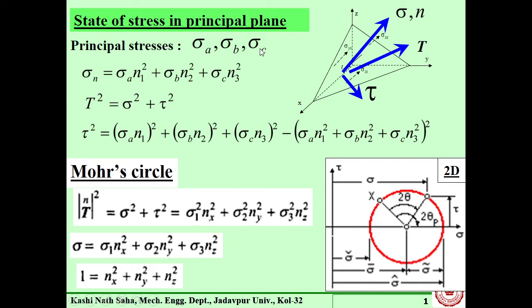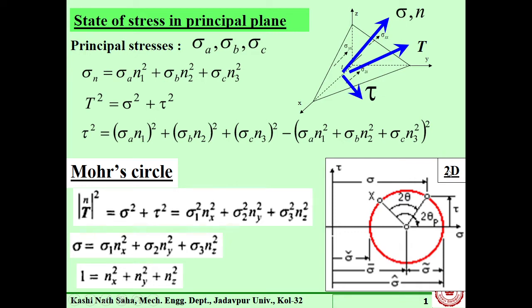This is clear. Now, what we are doing here in constructing Mohr's circle, we are reorienting this XYZ axis along the directions of principal stresses. Is it clear? So these axes are now 1, 2 and 3, the directions of sigma 1, sigma 2 and sigma 3.